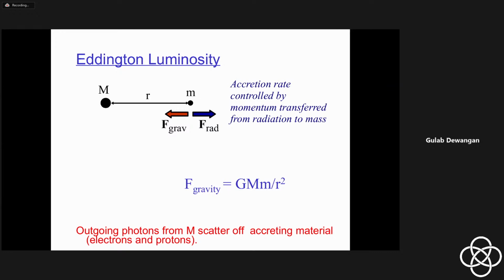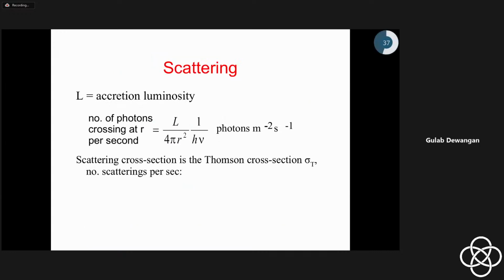The gravitational force, of course, is G M m divided by r squared, the separation. The outgoing photons scatter off the accreting material, the small mass m. If you have the luminosity L due to this accretion, then the number of photons crossing at a radius r per second per meter squared is given by L divided by 4 pi r squared, divided again by the energy of the photons.